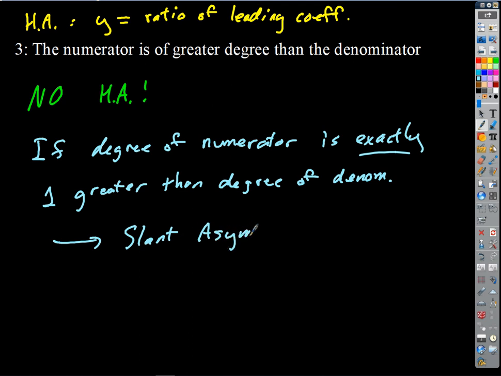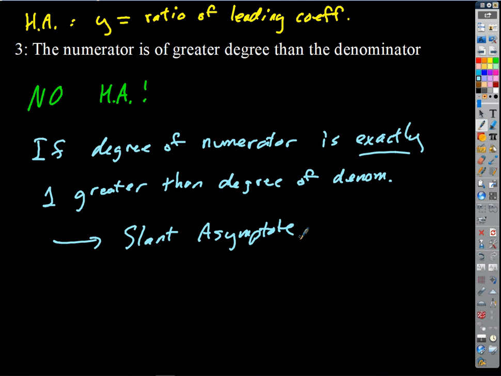Now this wouldn't work if the numerator were 2 or more degrees bigger than the denominator. Then we don't get a slant asymptote. We know that we're going to get infinite behavior at the tails, but it's not going to follow this nice asymptote.